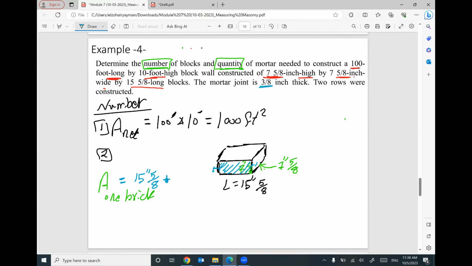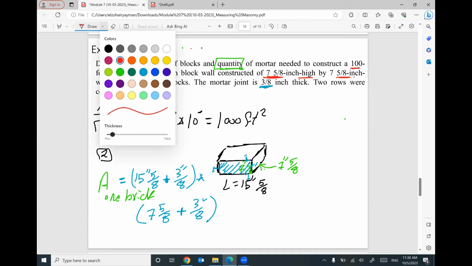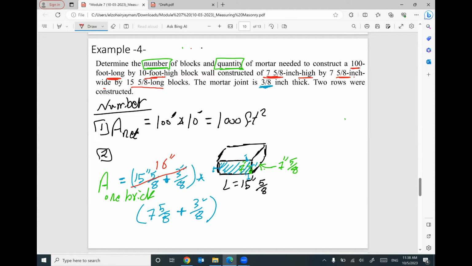The thickness of the mortar equals 3/8, times the height after considering half thickness, which will be 7 and 5/8 plus the thickness 3/8. I think this one will give you 16 inch and this one will give you 8 inch, if you add the thickness of your mortar.